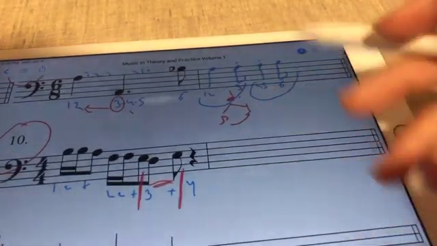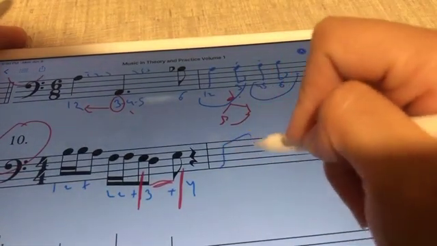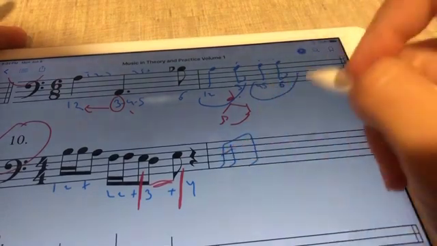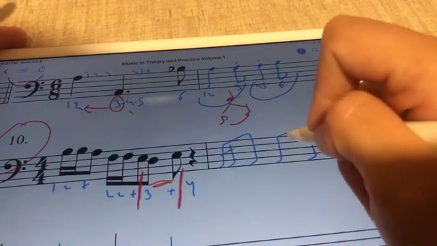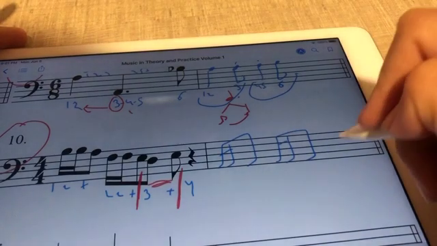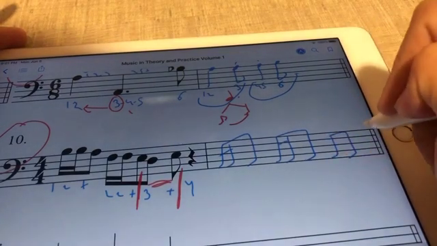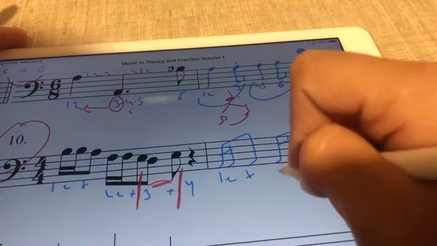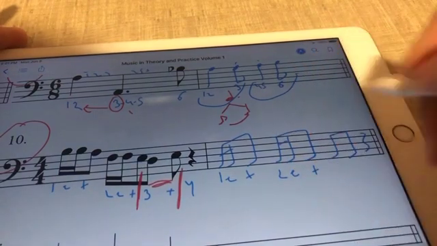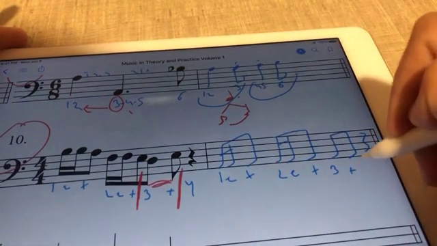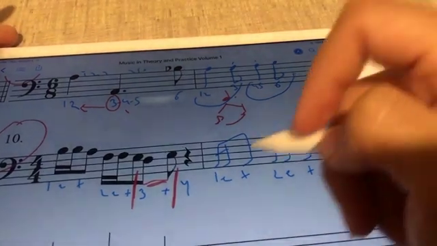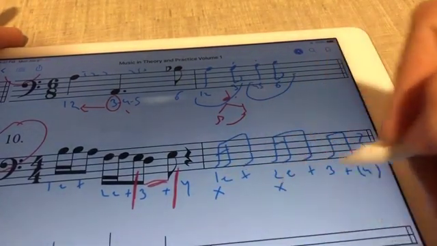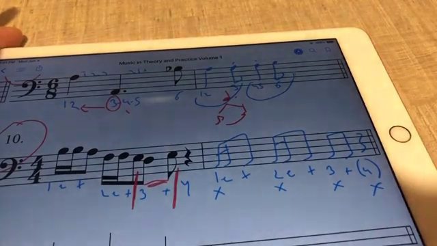So if I want to rewrite it properly, it would be 1E and, 2E and, 3 and 4. So 1E and, 2E and, 3 and 4. You see, it's much clearer because I have a pulse here on the 2, on the 3, and on the 4.